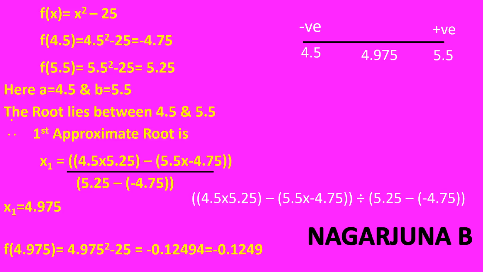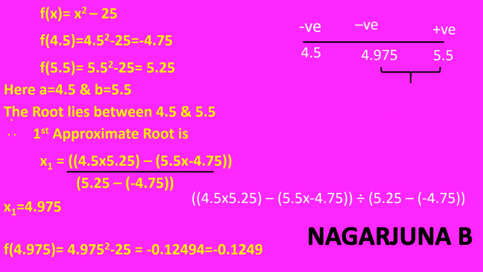Therefore f of 4.975 is equal to minus 0.1249, because the 4 is a truncating digit which is less than 5. Therefore no need of adding any value to the previous digit. Therefore it will be minus 0.1249.